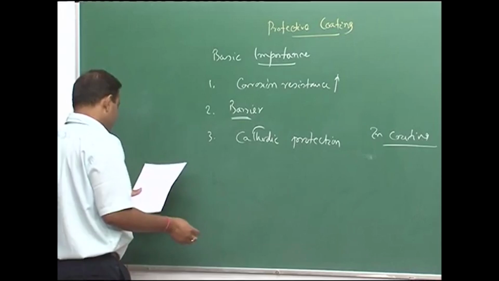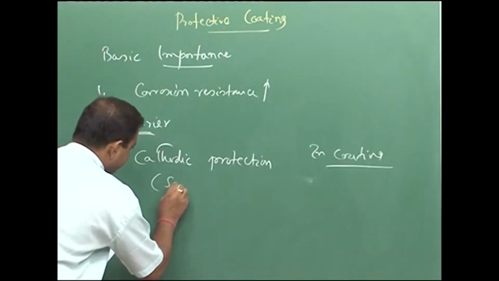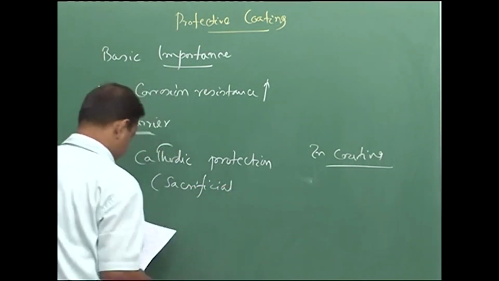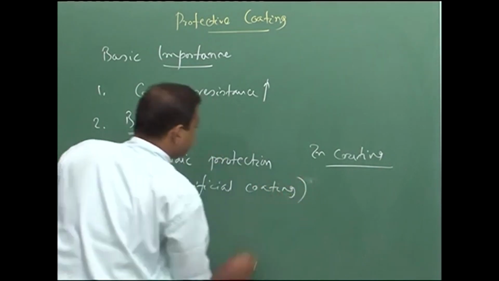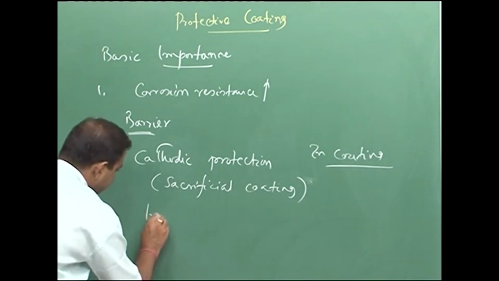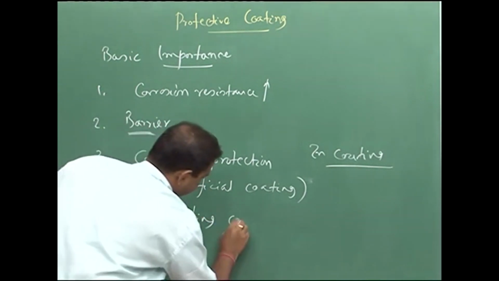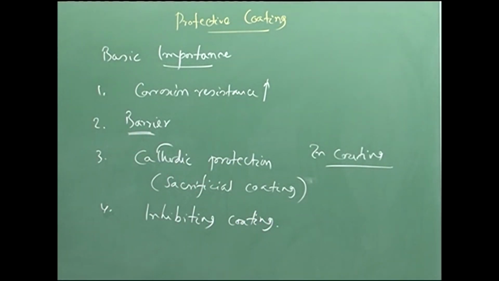So, the cathodic protection can be done with cathodic type coating, or we call it sacrificial coating. Then we can also have inhibiting type of coating. So, they will have action just like an inhibitor.